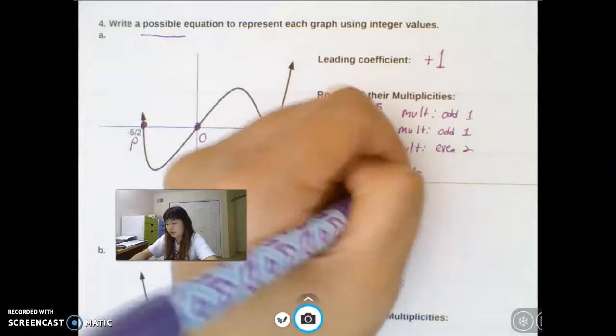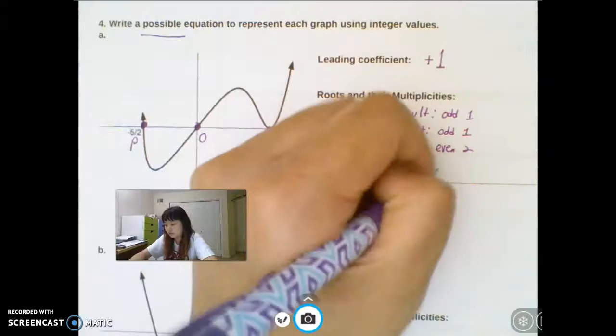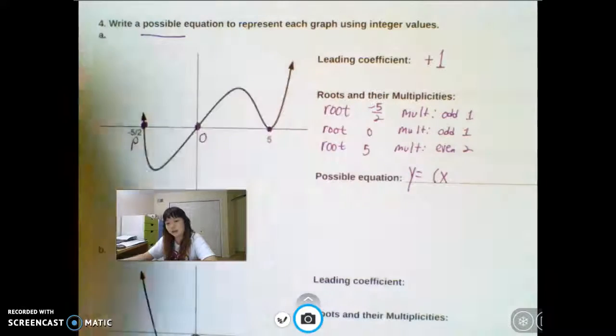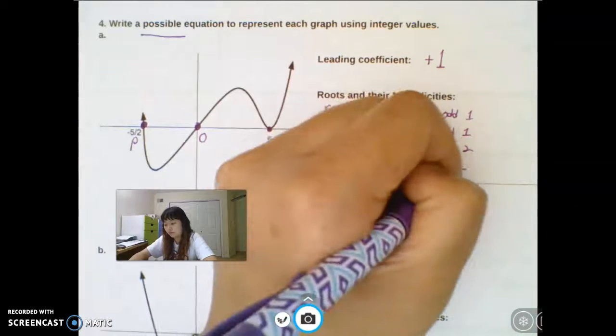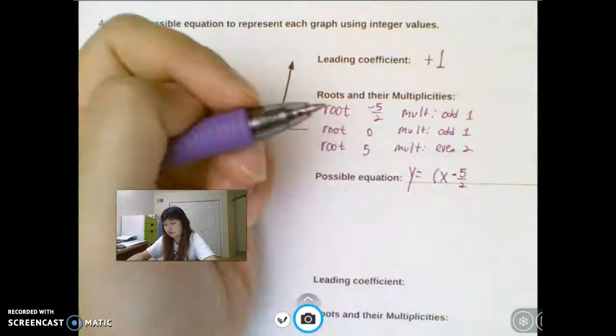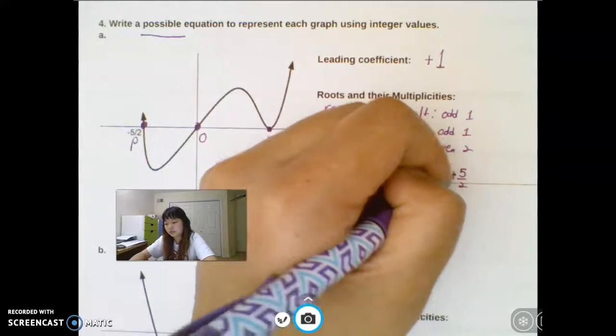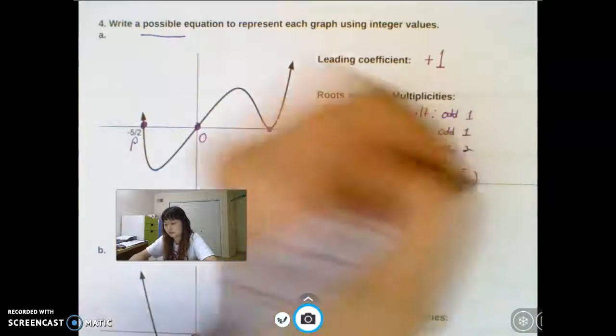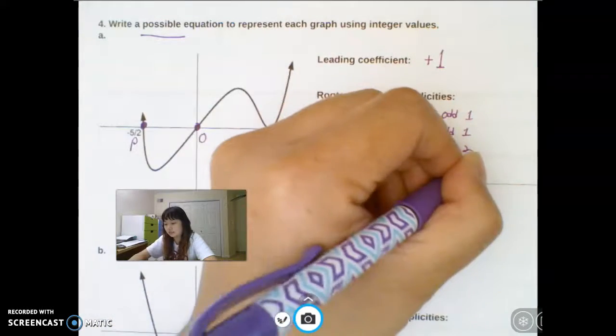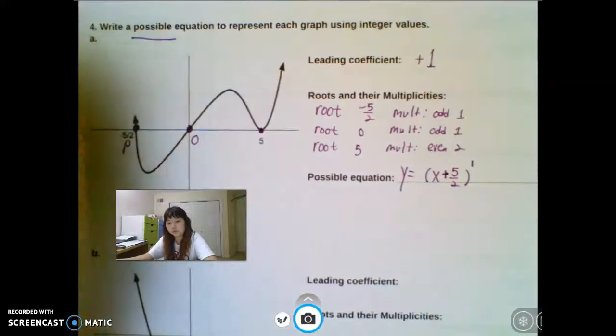It'll be y equals roots at x. Well, I know it is -5/2, but if you want the root to be -5/2, you know the equation has to be the opposite sign, right? So it would have to be x plus 5/2. Now it's an odd because it passed, so I'm gonna put 1.